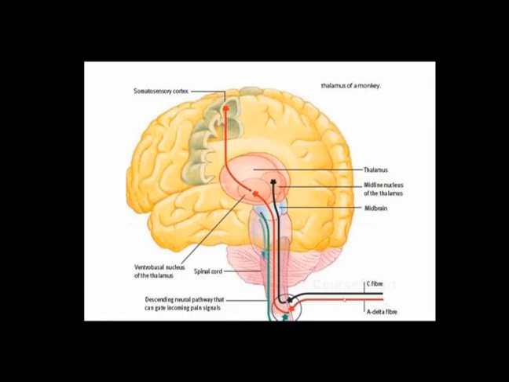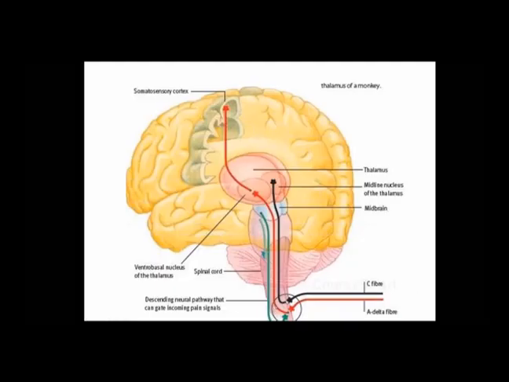So these A delta fibers get that signal through your thalamus and up to that somatosensory cortex very, very quickly. That's like when you stub your toe and you have that initial very sharp jolt of pain. That's the A delta fibers getting you that very quick response.